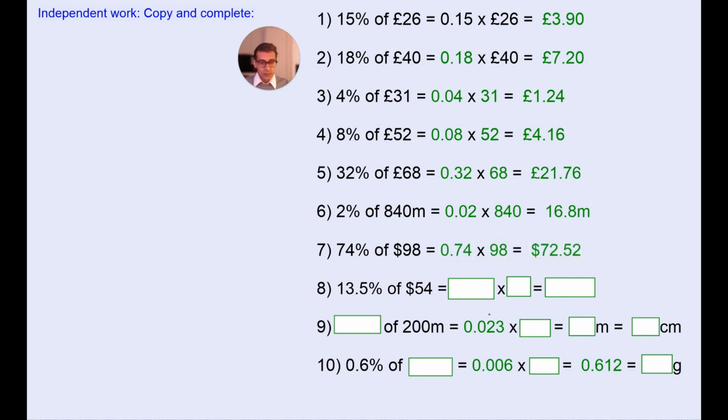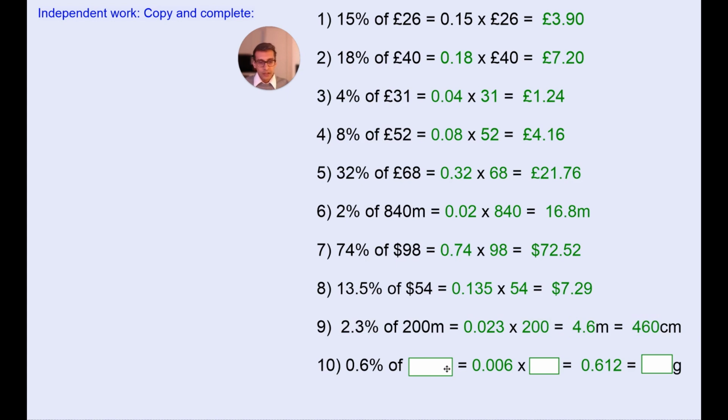Question 8 is 0.135 times 54. Question 9 is 2.3%, not 23%. Be careful about that, common mistake. And then the last one, 0.6% is not 60%, is 0.006. So that's going to give you 612 grams.